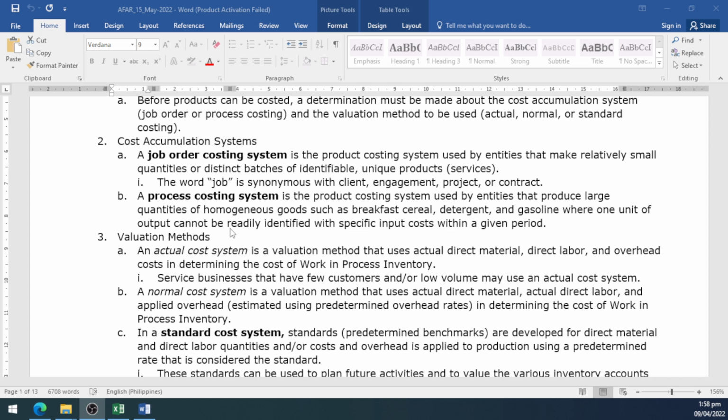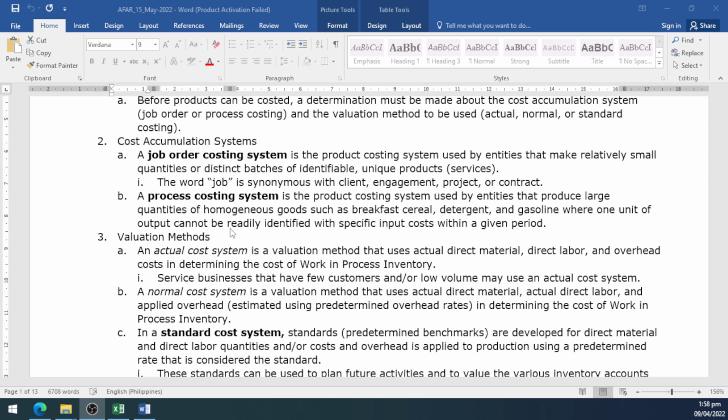Sa job order costing system, ladies and gentlemen, for example, in the case of printing, nagpagawa halimbawa ng libro si Sir Rex, ng taxation, nagpagawa si Sir Daryl ng auditing, si Sir Sus ng financial accounting, ay magkakaiba yung products na yon.